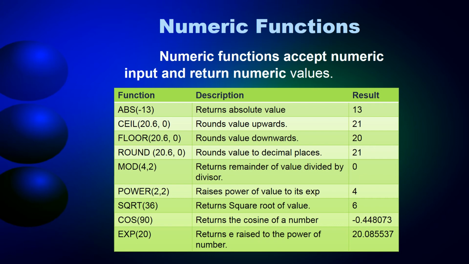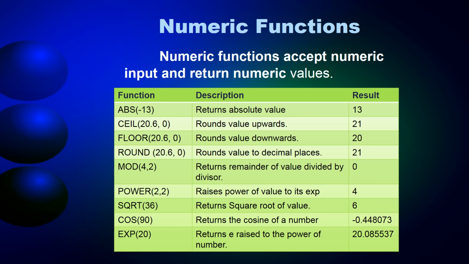Next is floor. The floor function returns the largest integer less than or equal to the decimal value. For example, if you give floor of 20.6 comma 10, it will return 20 as the result.